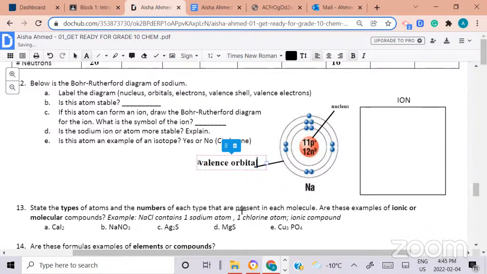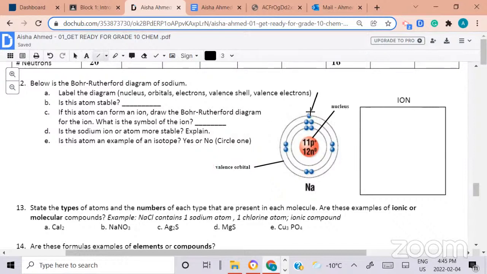Good. Now where's the valence electron? You want to label the valence electron. So what is our outermost electron?